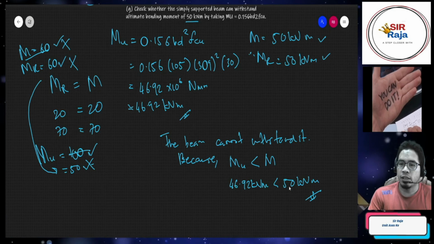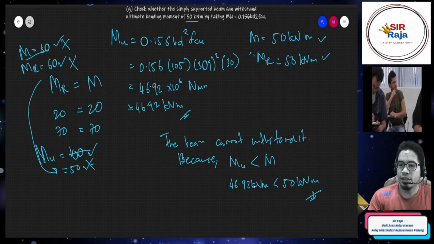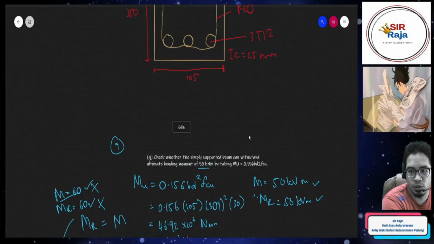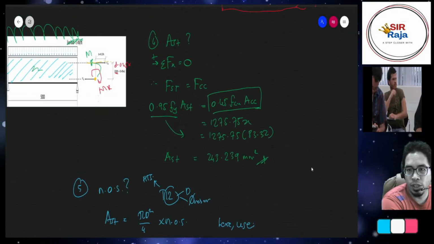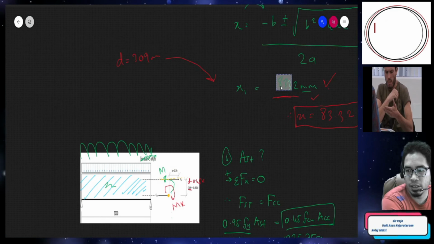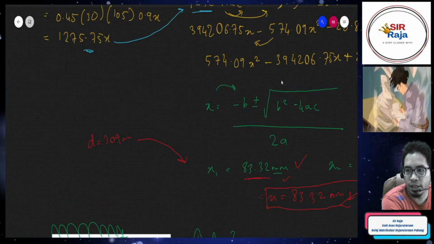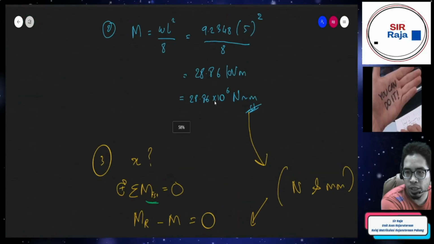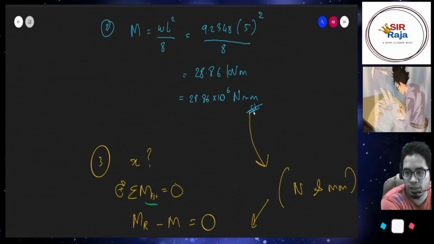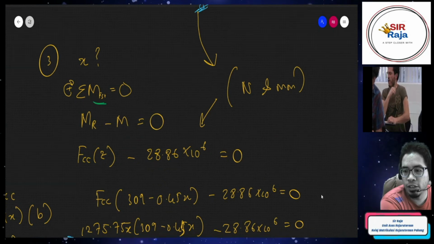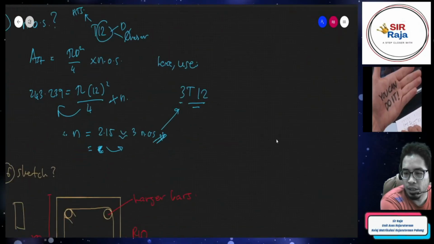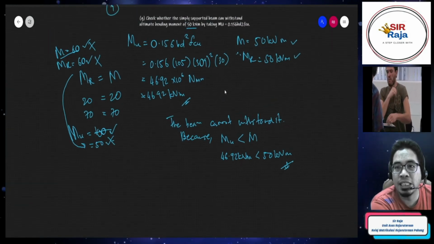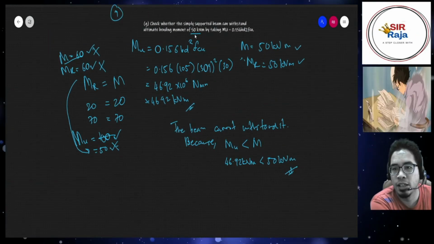But for this question, just to add some information: we found out that our M is actually 28.86 kilonewton meter. So rightfully, for our beam here, from the calculation, it can withstand. But this question specifically mentioned 50 kilonewton.